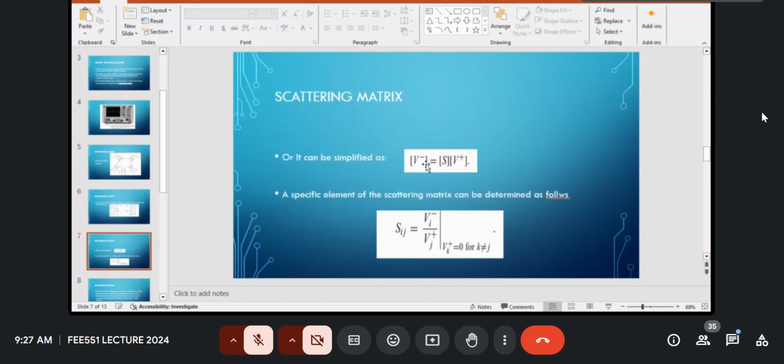So we can simplify it as the reflected parameters are the products of the scattering parameters and the incident waves. A specific element of the scattering matrix is found as Sij is Vi negative over Vj positive. So Vi negative is the normalized reflected wave at the ith port, and then Vj positive is the normalized incident wave at the jth port.